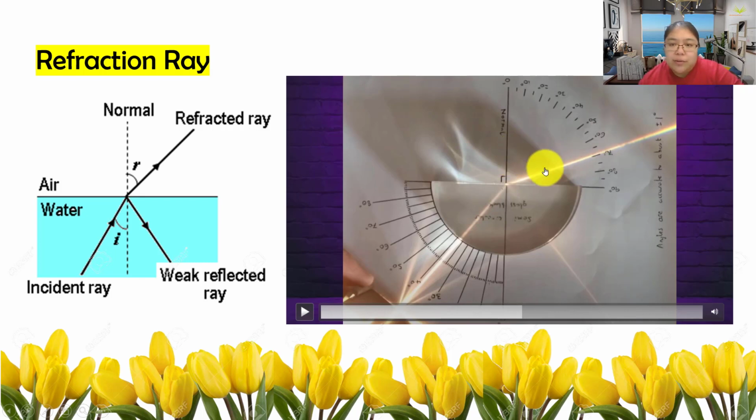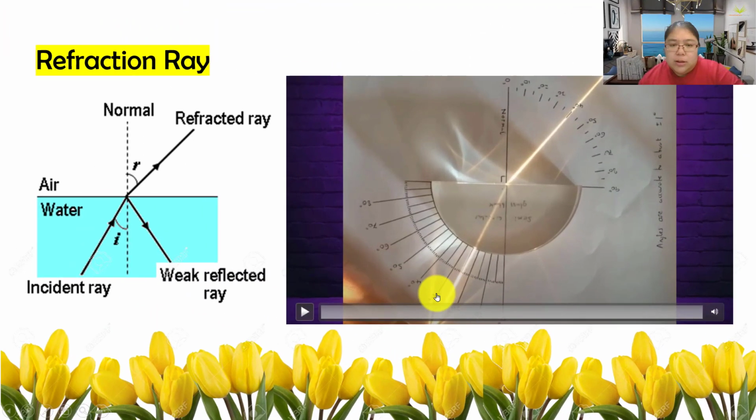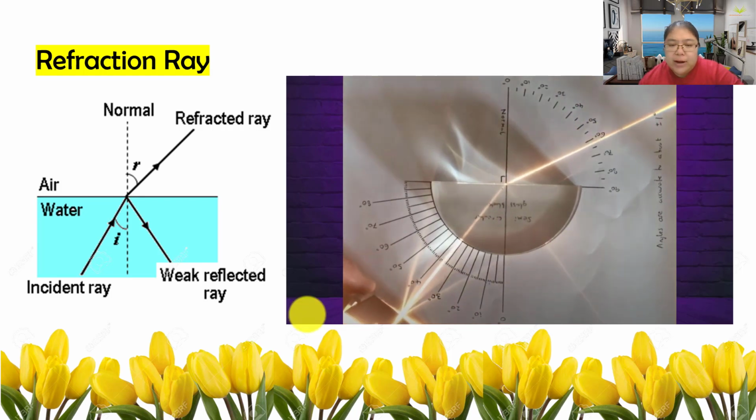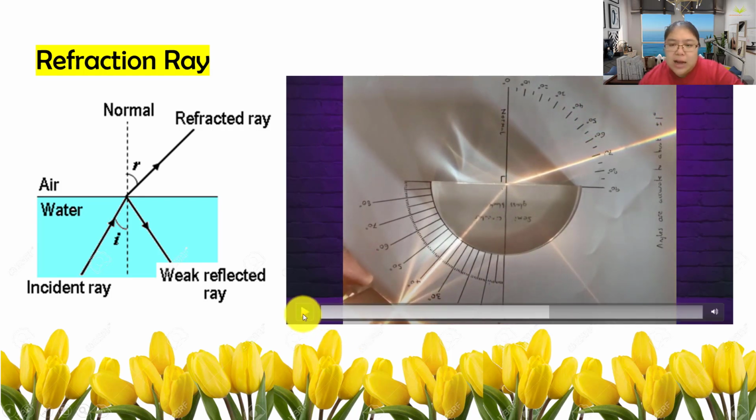This one we call the refracted angle, this one we call the incident angle, and this one is the weak reflected ray. Normally we just ignore it because it is very faint, we cannot see it exactly. So I still continue. We repeat again, see the video. You can see the incident angle keeps increasing, then the refracted angle also continues to increase. After that you can see the weak reflected ray come back.